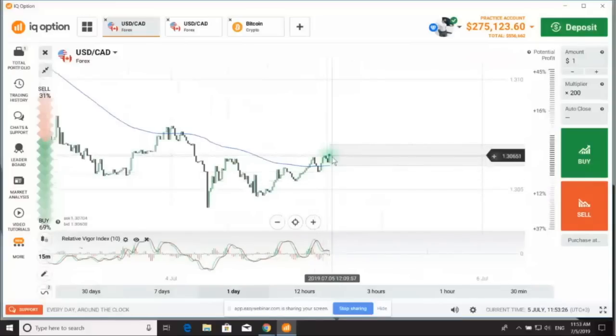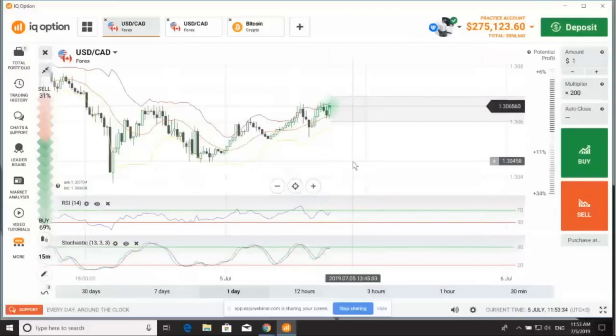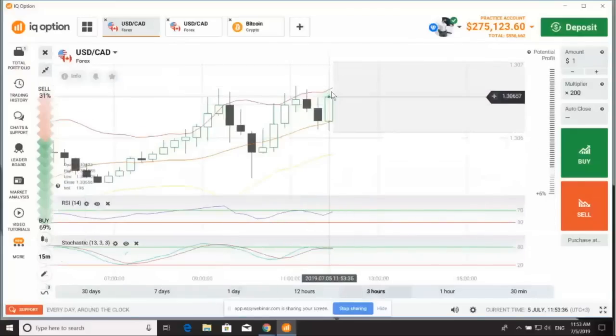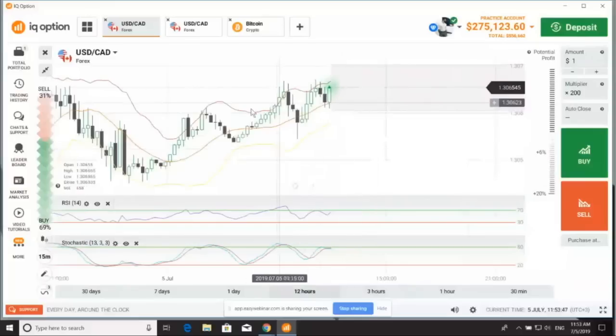This is telling me now it's approaching an uptrend, isn't it? But the other template here, overbought and oversold, is telling me that the uptrend could turn back down, right? So it's always a good idea to look through different setups.